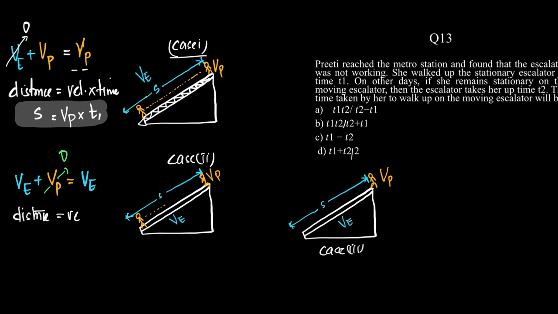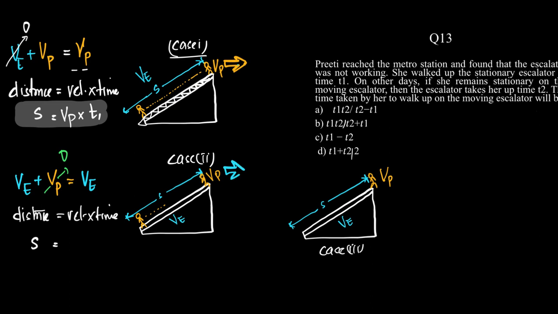The distance is s. I would use this arrow: here it denotes that the escalator is moving, and here the person is moving.